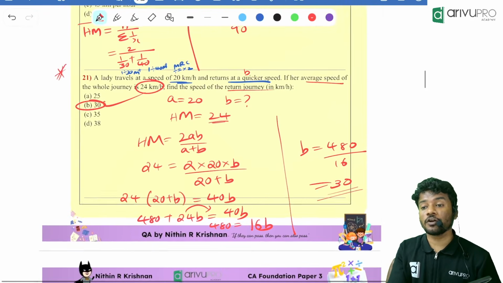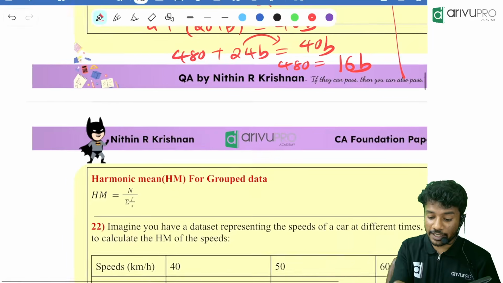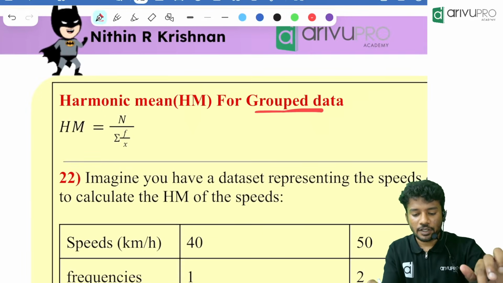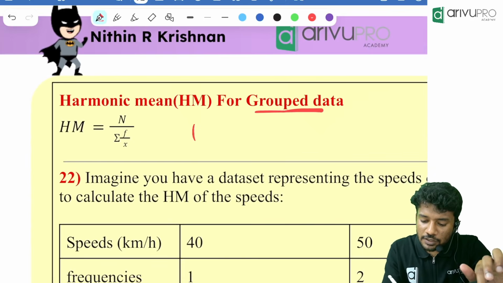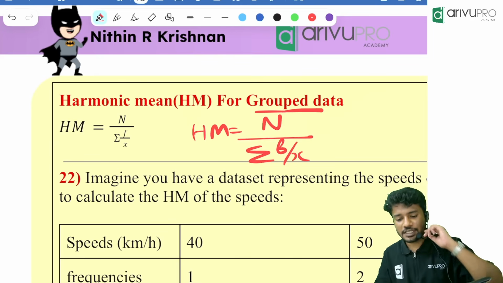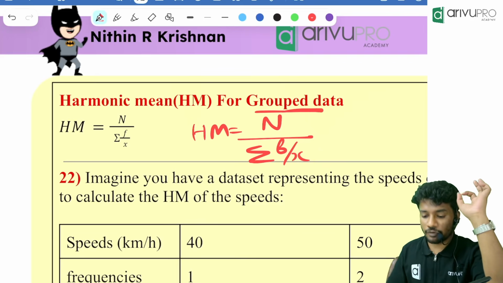If there is ungrouped, there should be grouped also, right? Whenever we are learning ungrouped, we are learning grouped also. Look over here, grouped. HM for grouped data. For grouped data, HM looks like this. HM is equal to capital N divided by sigma F by X. What is it? N divided by sigma F by X is the formula for that.